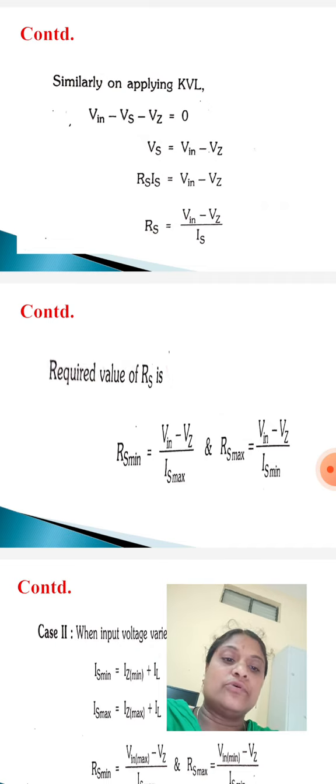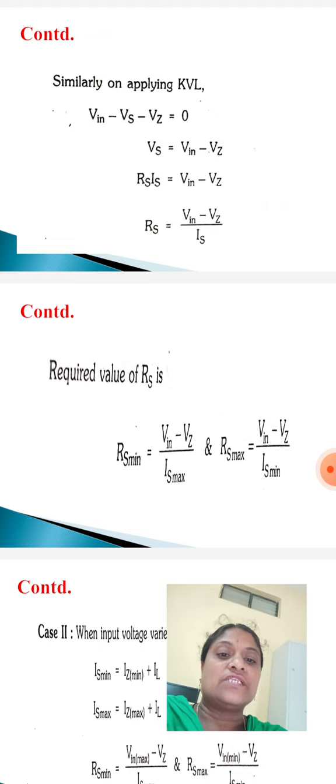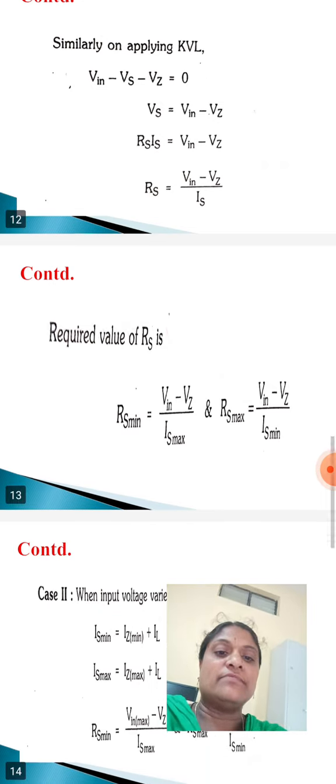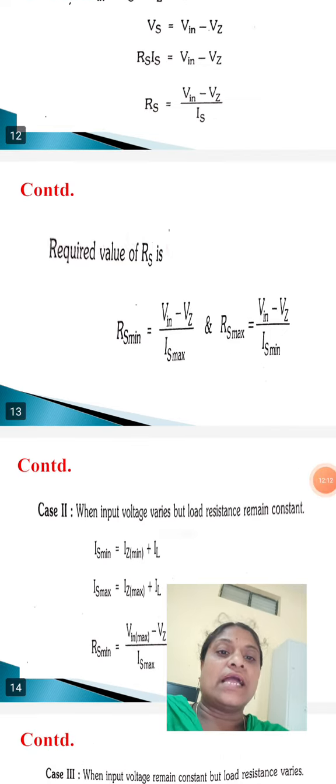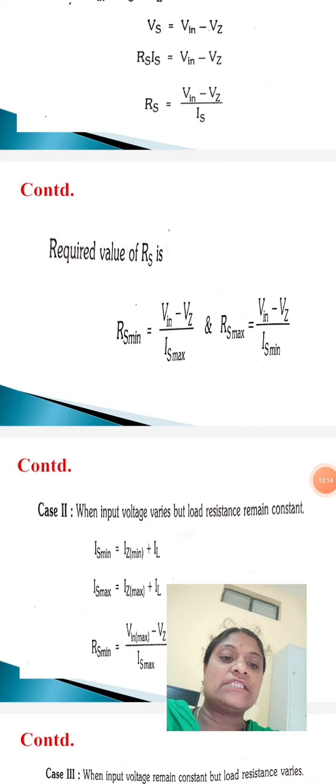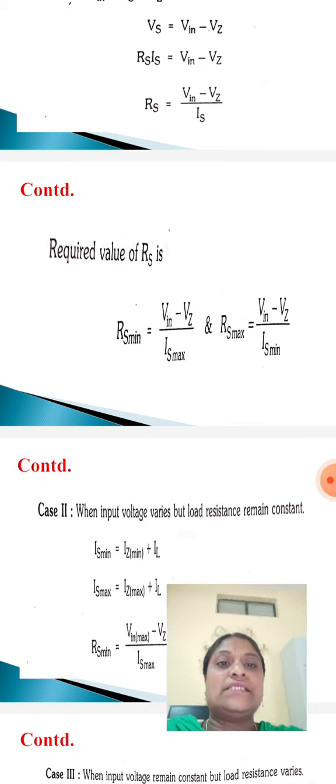R and I are inversely proportional, so if R is minimum, then I is maximum, and if R is maximum, then I is minimum. Observe these two equations: Rs minimum is equal to Vin minus Vz by Is maximum, and Rs maximum is equal to Vin minus Vz by Is minimum.